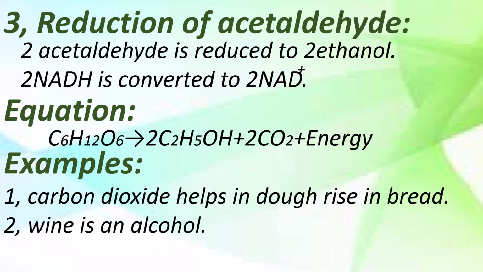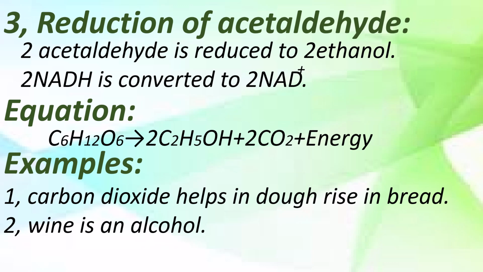Third step, reduction of acetaldehyde. 2-acetaldehyde is reduced to 2-ethanol. 2-NADH is converted to 2-NAD plus. So 2-acetaldehyde is reduced to 2-ethanol and 2-NADH, nicotinamide adenine dinucleotide, is oxidized to NAD positive.